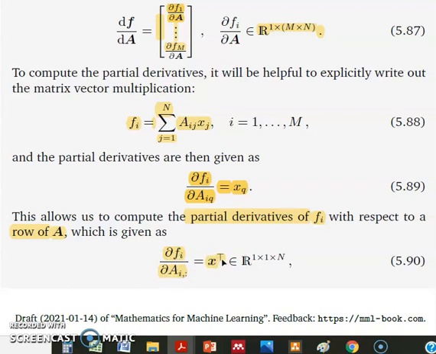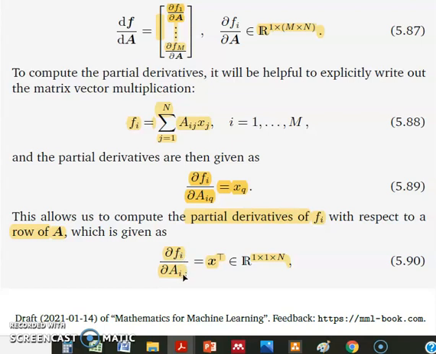Okay, so x^T belongs to the set of real numbers, 1 by n. So del f_i by del a_i, f will be an element that belongs to the set of real numbers with dimension m. A belongs to the set of real numbers with dimension m by n. So here you are taking a single function.